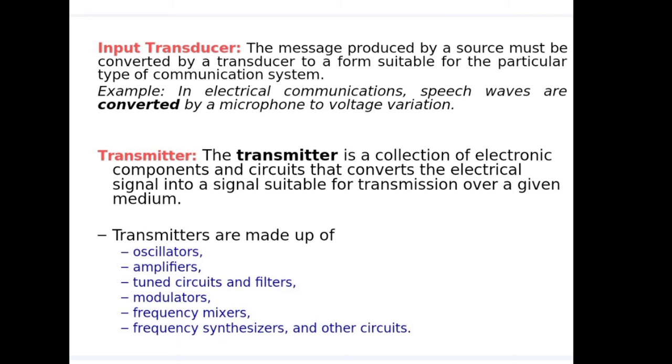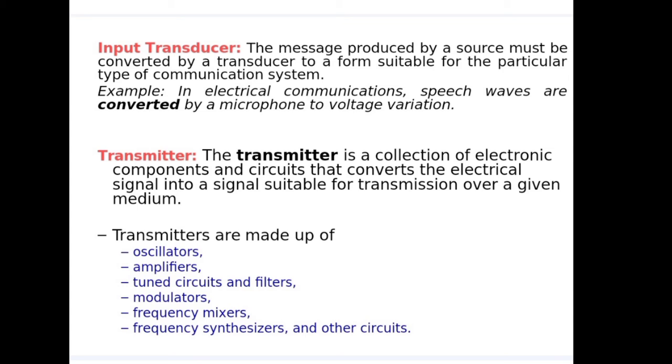This is one example of an input transducer. It means any type of speech wave or physical signal can be converted to an electrical signal. This is the concept behind the input transducer.